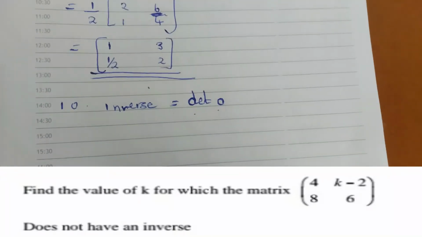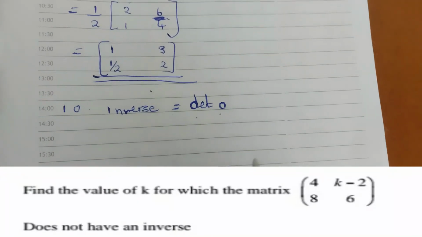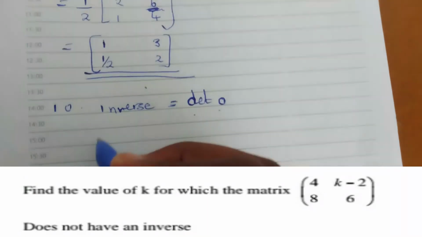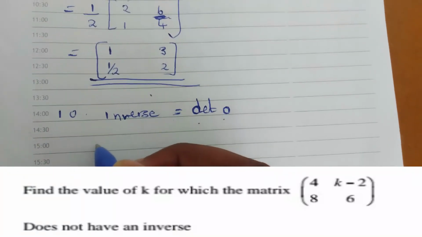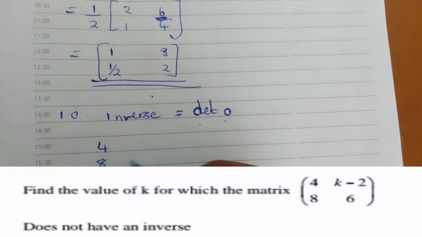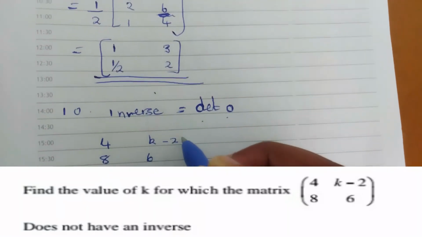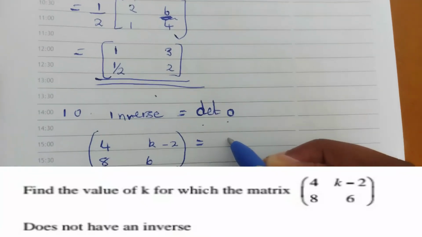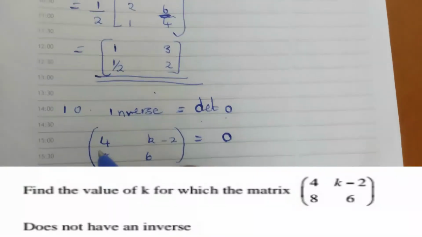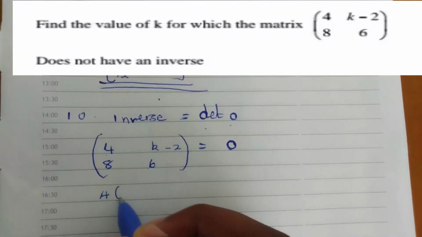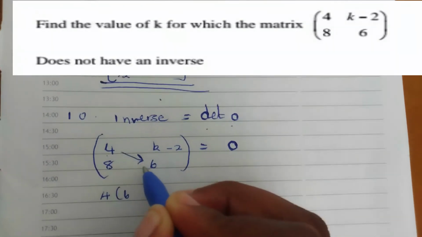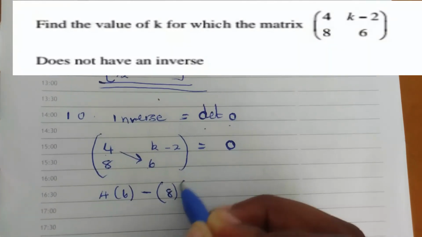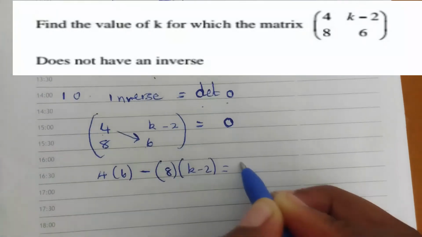So how are we going to find the value of k for such a matrix? We are given that 4, 8, 6, k minus 2 does not have an inverse. That means the determinant is equal to 0. So we calculate: multiply here, we subtract the other side. k minus 2 is equal to 0.